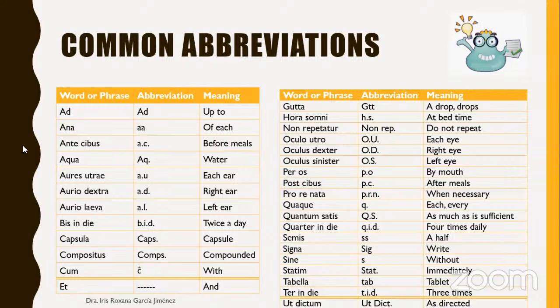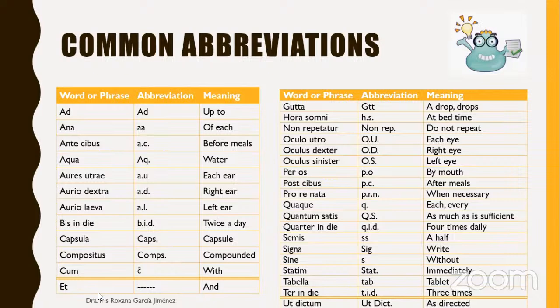and practice. So you have, for example, bis in die, twice a day, right? Very common. Caps, capsula, capsule. Comp, compositus, or compounded. The c with a line over it, I'm not sure about this grammatical detail, but it's like a hat, right? Cum, with, we were checking this in previous slides, in the previous class.